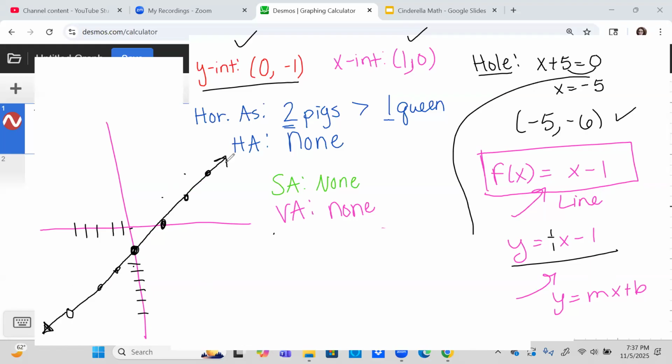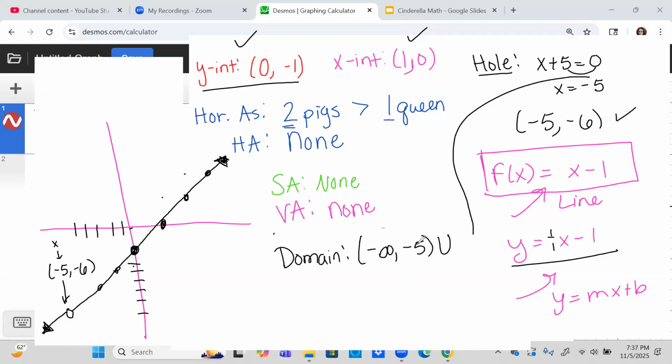Okay. Now, after we get the graph, let's talk about domain. That would be all x values in the whole world except for this hole. So remember the hole was at -5, -6. So we're going to skip this x in the domain. So it's going to be left forever until you get to -5, and union symbol.